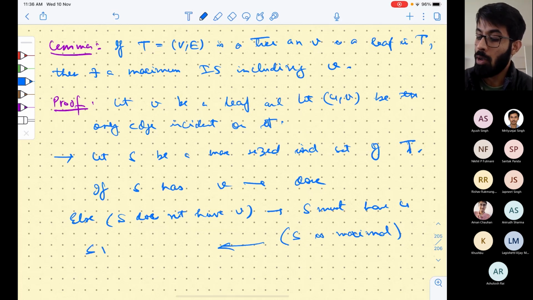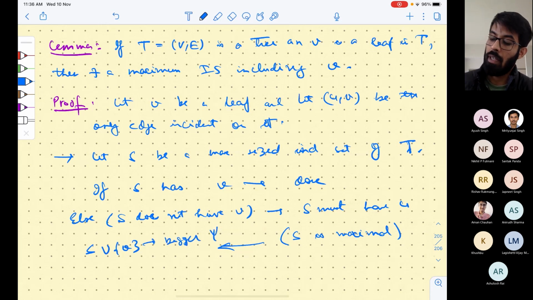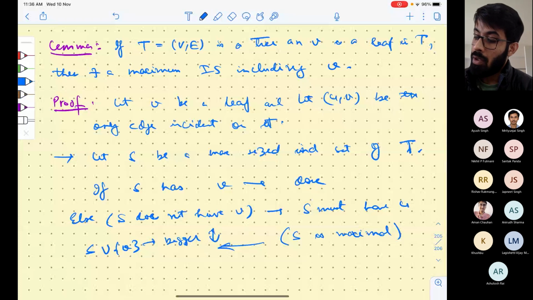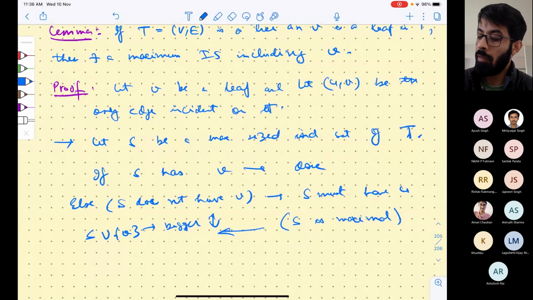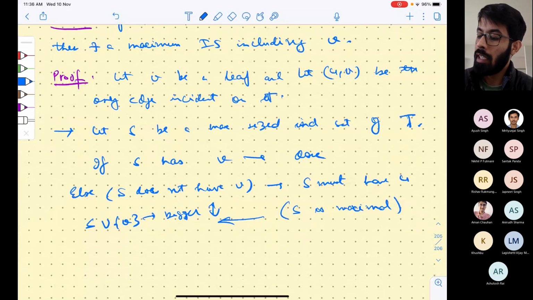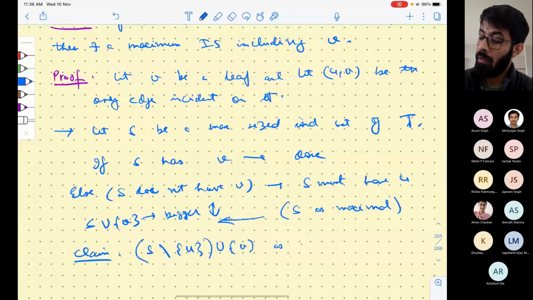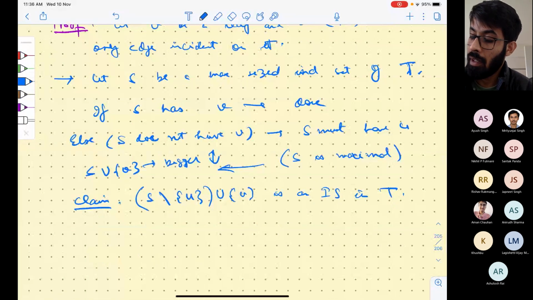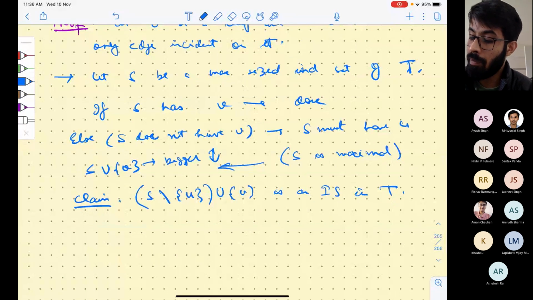This becomes a bigger independent set, which is not possible. Contradiction. So then S must have U. And what is the claim? The claim is that S minus U union V is an independent set in T. Call it S prime.